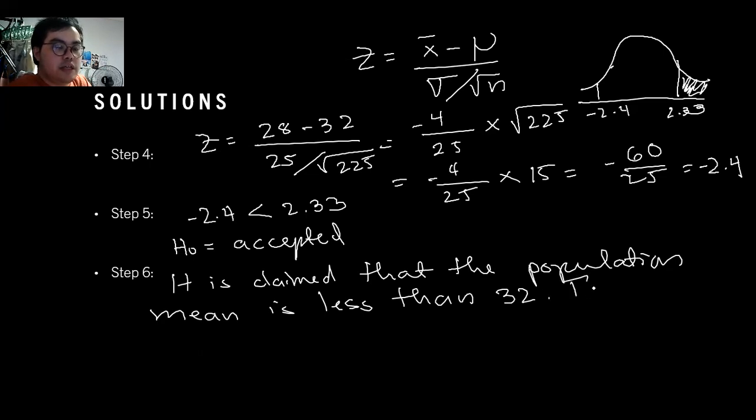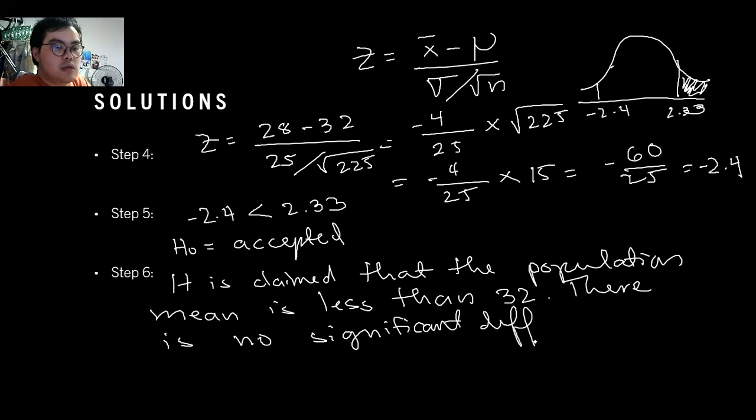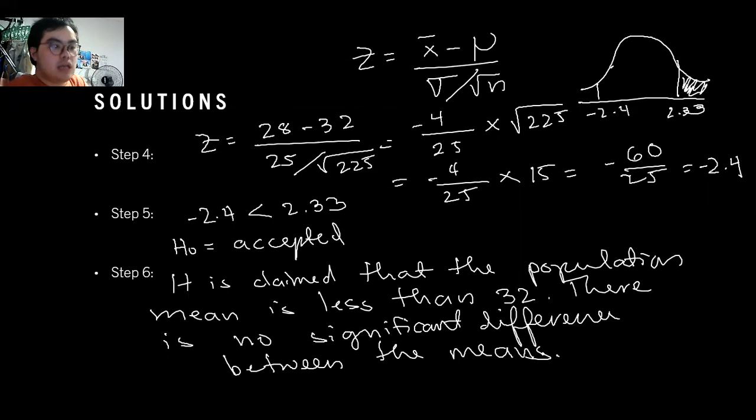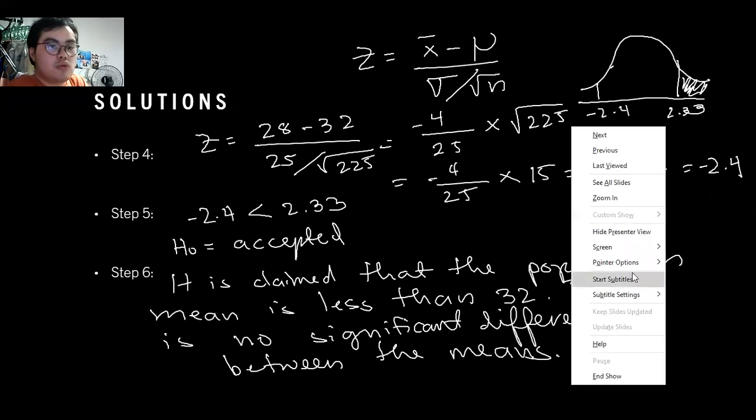This indicates that there is no significant difference between the means. So we can also tell that the population mean is also equal to 32.